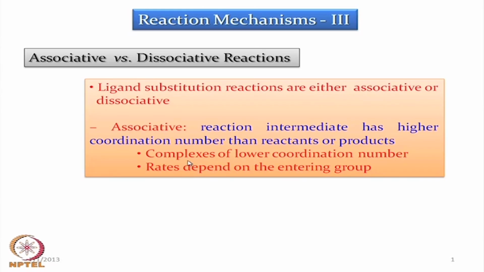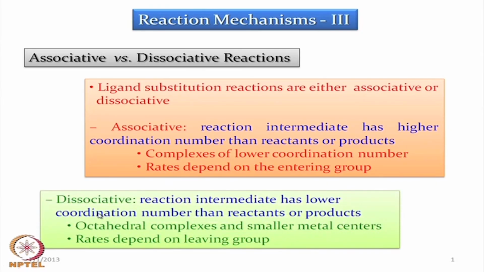These associative reactions are possible when we have complexes of lower coordination number. If the coordination number is less, it can accept one more bond or 2 more bonds to form the higher coordination number for the transition state, and the rate depends on the entering group. That means the group which is coming and attaching to the metal center will control the reactivity pattern as well as the rate of the reaction.